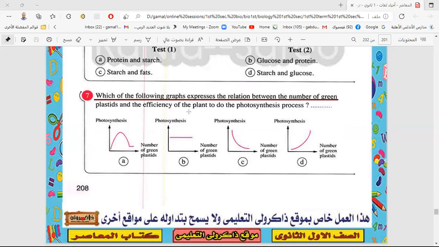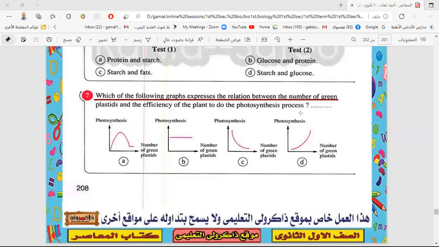Which of the following graphs expresses the relation between the number of green plastids and the efficiency of the plant to do the photosynthesis process? We know the function of green plastids, the chloroplasts. Chloroplasts contain chlorophyll, which absorbs sun rays or sunlight to make the photosynthesis process.